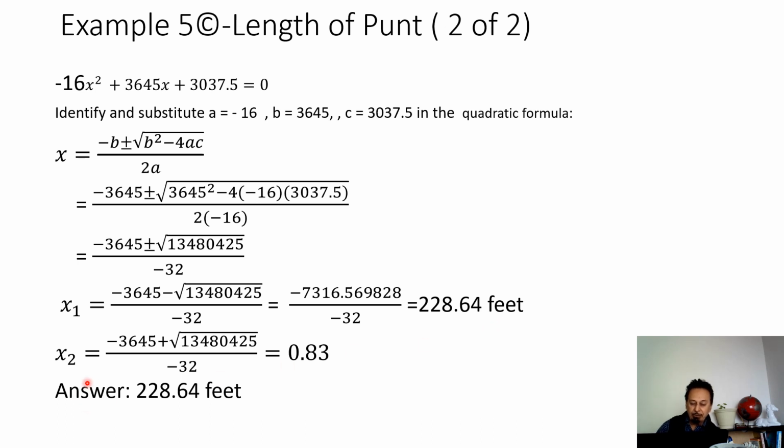And the other x value is minus 3645 plus the square root, divided by minus 32. It comes out like 0.83. 0.83 is not plausible. 228.64 is plausible. So the answer is the length of the punt is 228.64 feet.